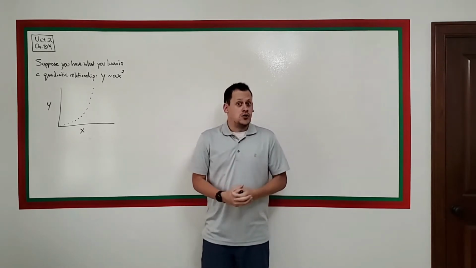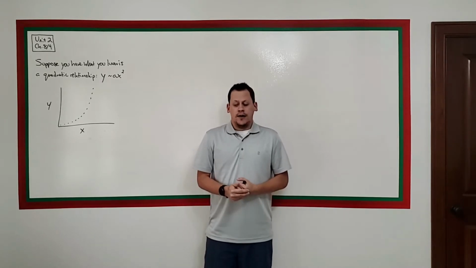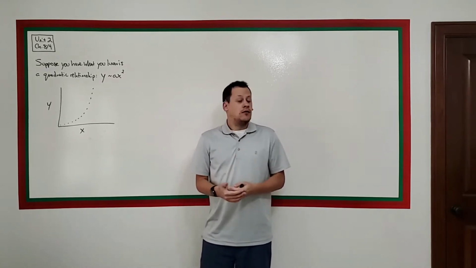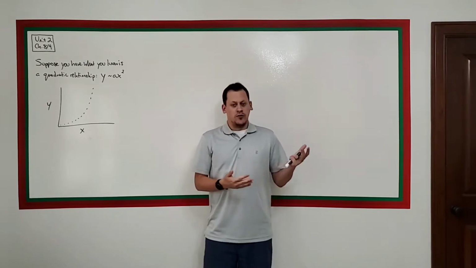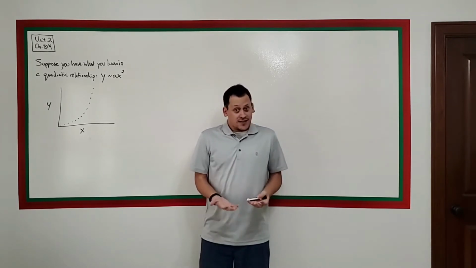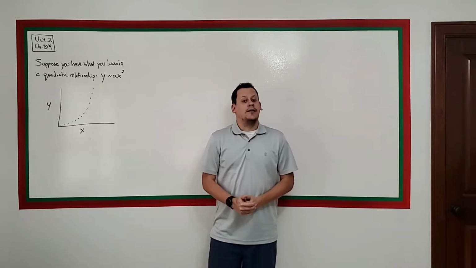And those are issues that you need to know how to take care of. If that point is a mistake, take it out, run the regression again. If it's a valid data point, you gotta keep it in there.